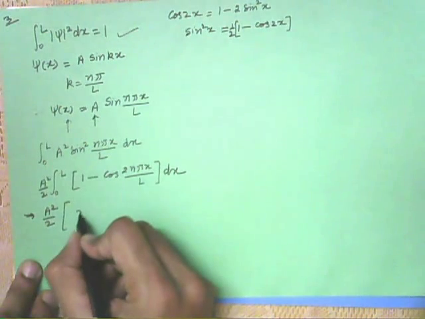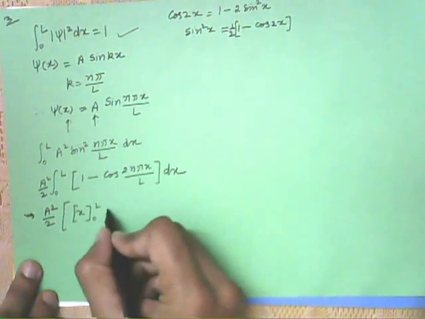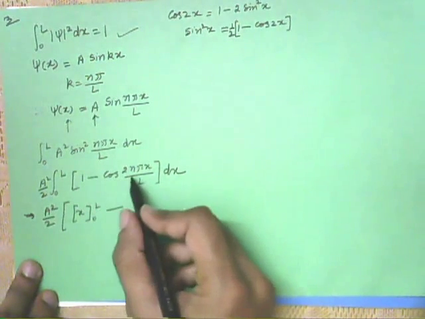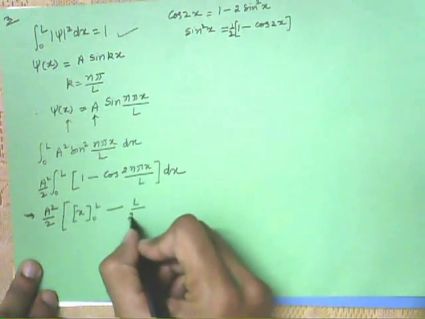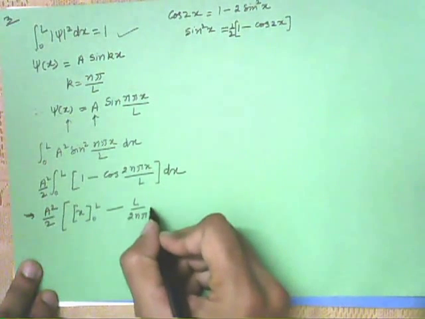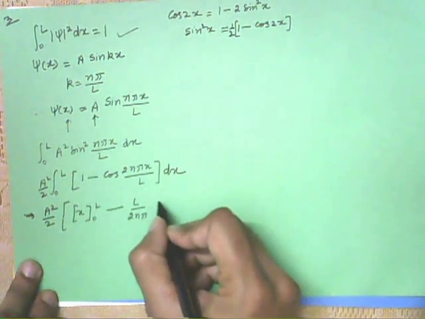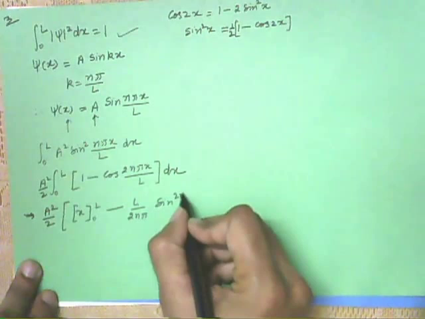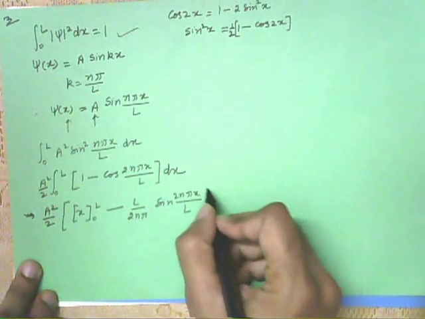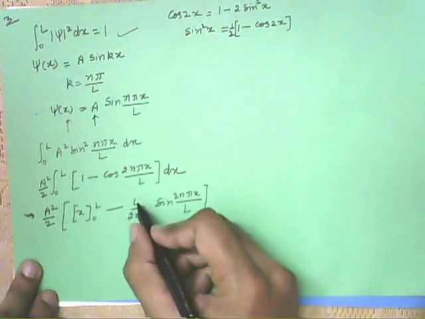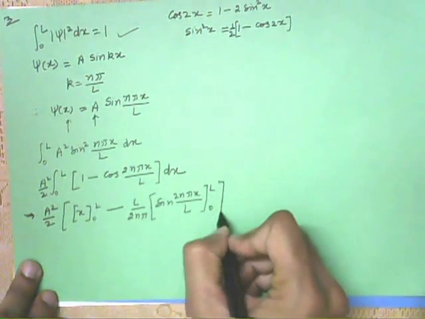So limits are 0 to L, minus this cos 2 n pi x upon L, the integration of this will be L upon 2 n pi, and cos becomes sin, 2 n pi x upon L. Limits are from 0 to L.